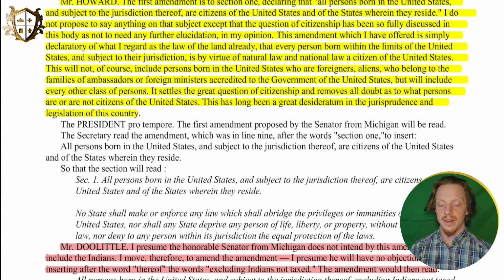It settles the great question of citizenship and removes all doubt as to what persons are or are not citizens of the United States. This has long been a great desideratum, good gracious, excuse me, desideratum in the jurisprudence and legislation of this country.